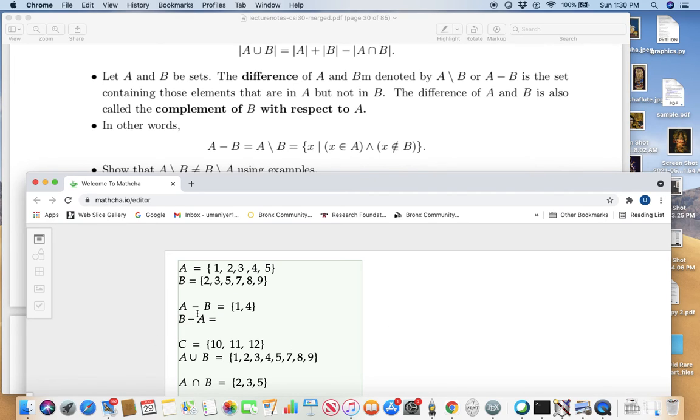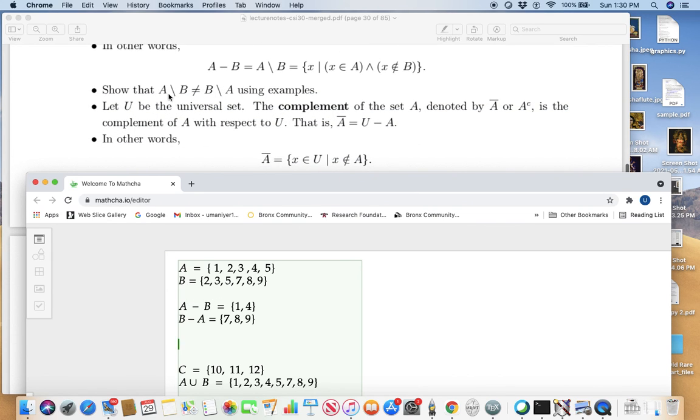From B, take away things which are also in A. So 2, 3, 5 is not okay, but 7, 8, 9 is okay. So that is the difference. It's called the complement. Complement means outside of. So A minus B are all those things from A which are outside of B.